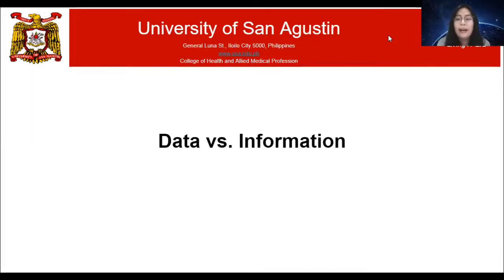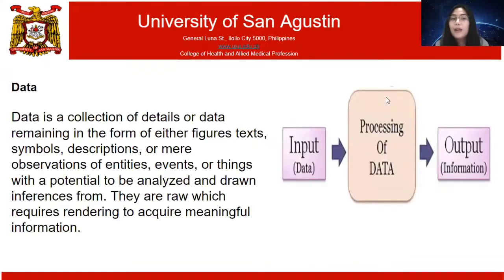Data is the collection of details remaining in the form of figures, text, symbols, descriptions, or merely observations of entities, events, or things with the potential to be analyzed and drawn inferences from. They are raw, which requires rendering to acquire meaningful information.